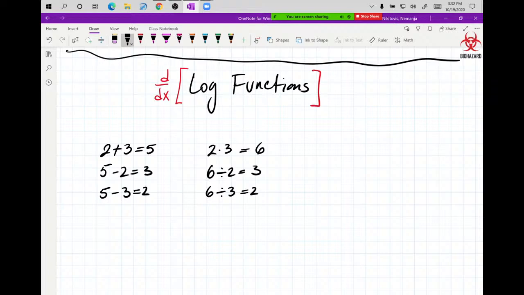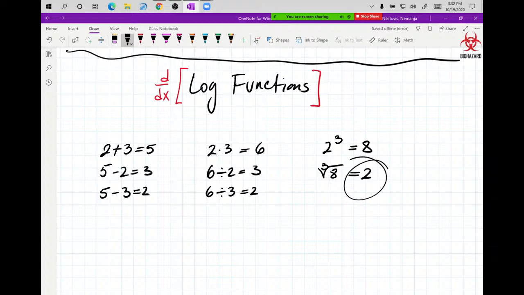And the final upgrade over here is 2 cubed is equal to 8, because 2 times 2 times 2, right? It's 3 2's. And when they all multiply, you get 8. Now, when you want to retrieve some of these values, you can say cube root of 8 is 2.